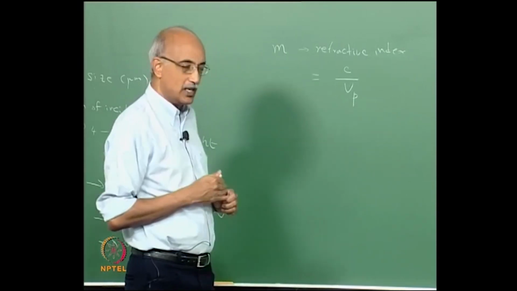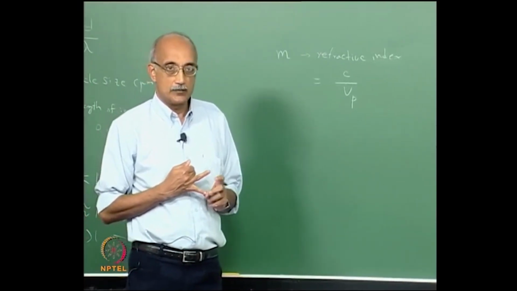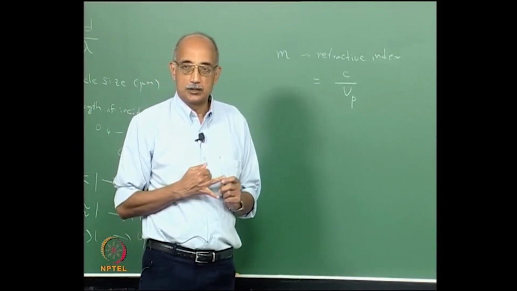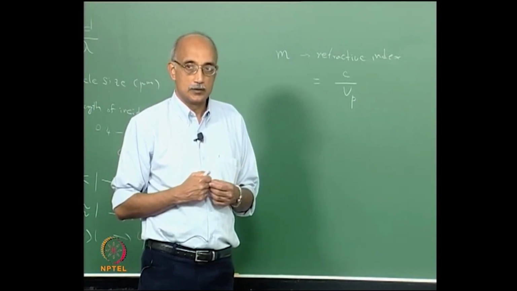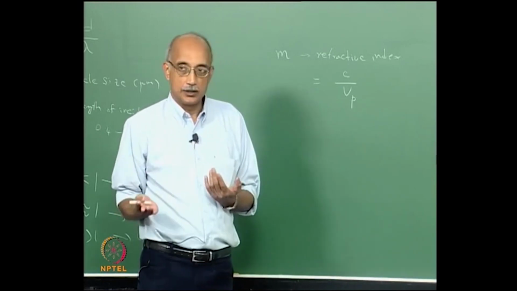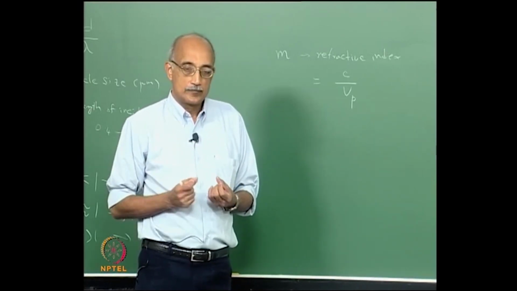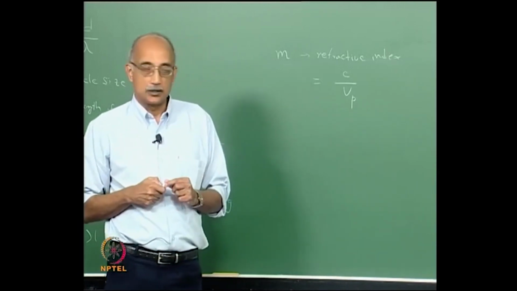However, it is very rare that we consider particles that are suspended in vacuum. Most commonly the particles that we are looking at will be suspended in a fluid, whether it is air or water or some other gaseous or liquid material. It is most likely that there will be a medium in which the particle is suspended.